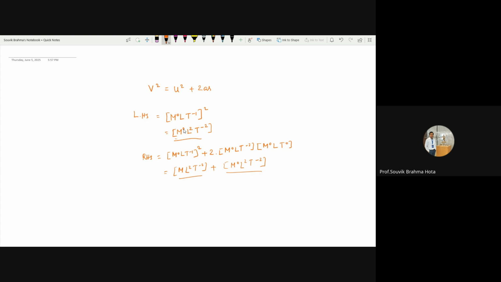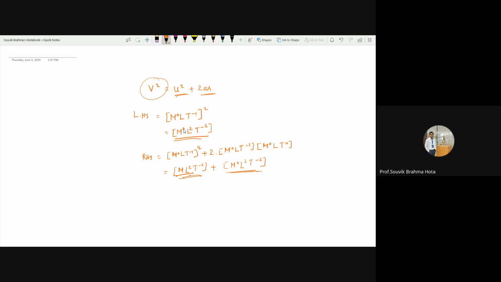The first concept: if terms are not dimensionally equal, then you cannot add them. That is why you can add u square with 2as, and whatever value you get individually has to be equal to the LHS also. So you can say this formula is dimensionally true.